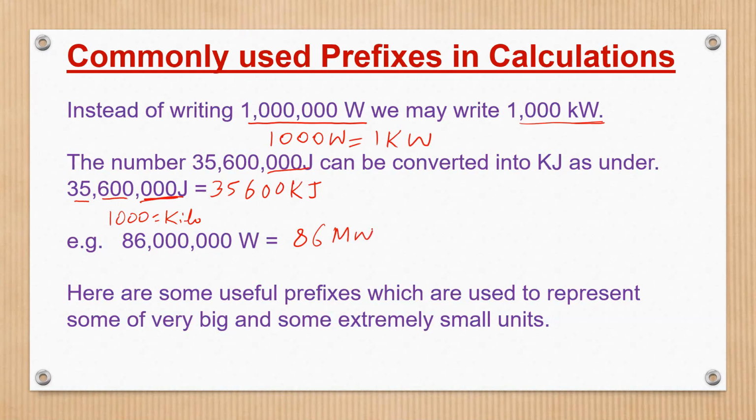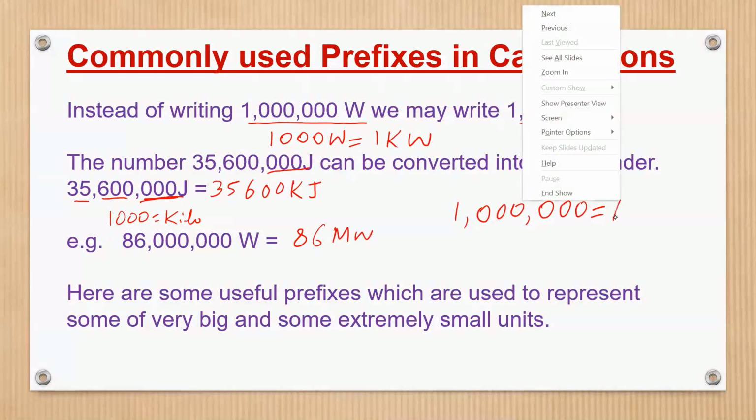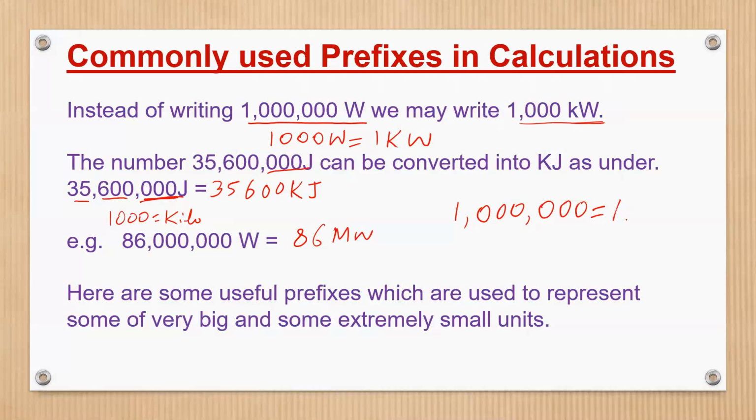The reason is that for 1 million, as a prefix we say mega, which equals 1 M. So we can change a big number simply into a small one in the form of the prefix.